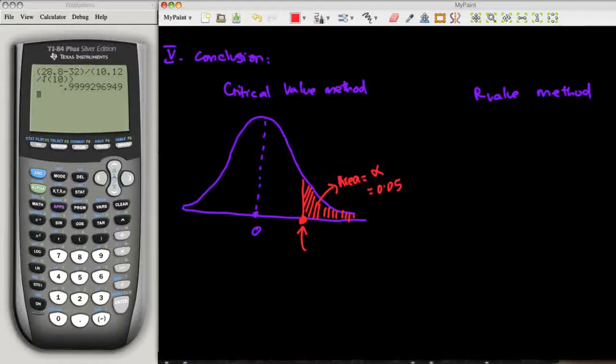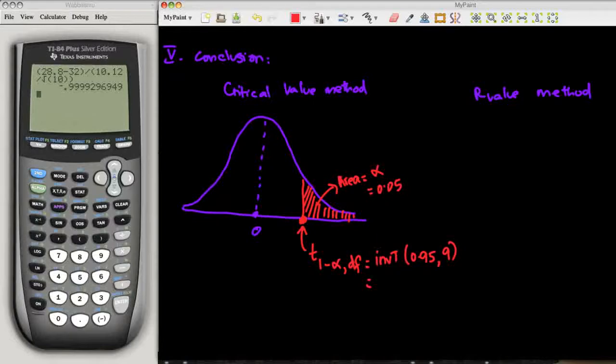So if the area above the critical value is alpha, the area below the critical value, or the quantile, is 1 minus alpha, so we denote this as t 1 minus alpha, comma df. And I could find this critical value using inverse t. 1 minus 0.05 is 0.95, comma df, which is 9, 10 minus 1.